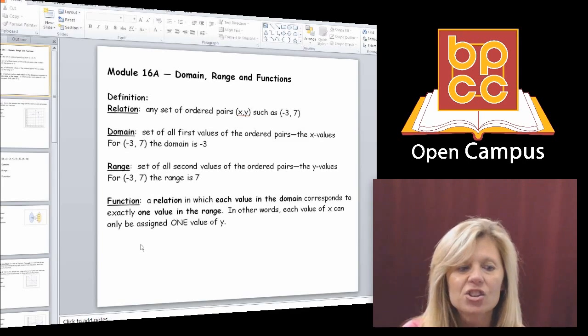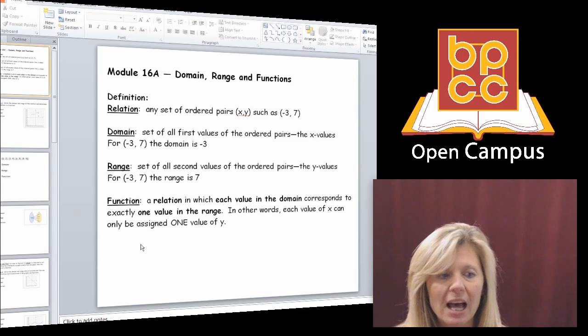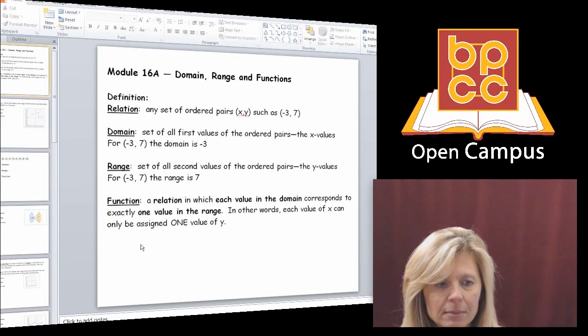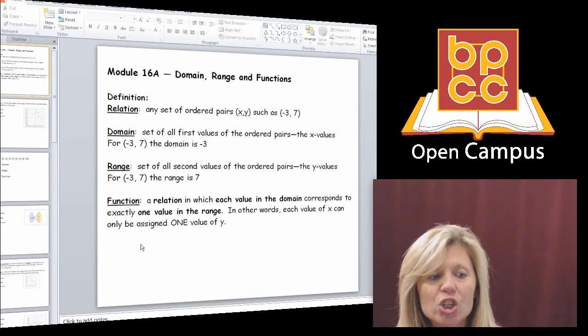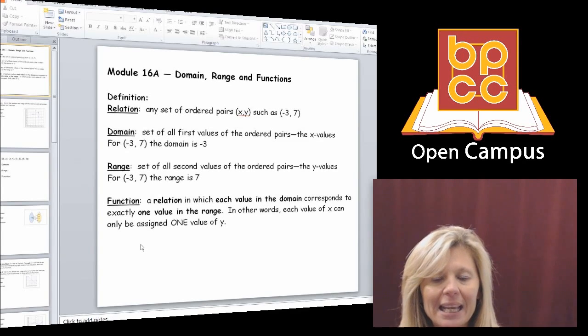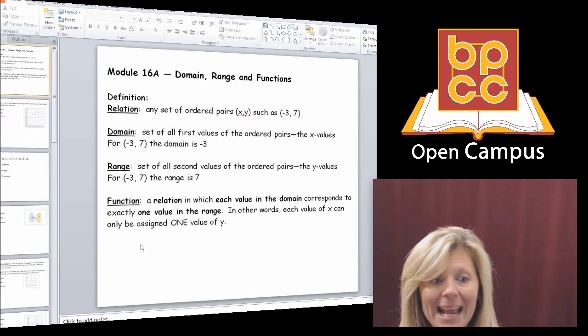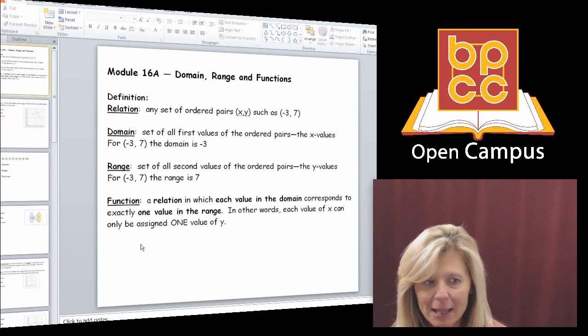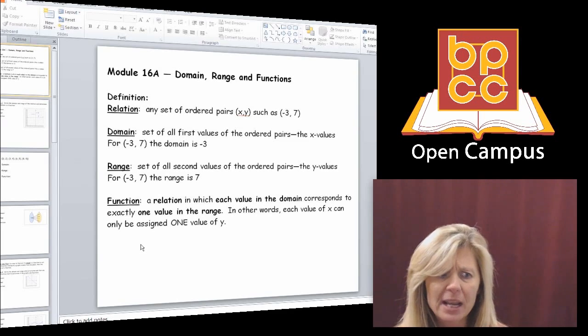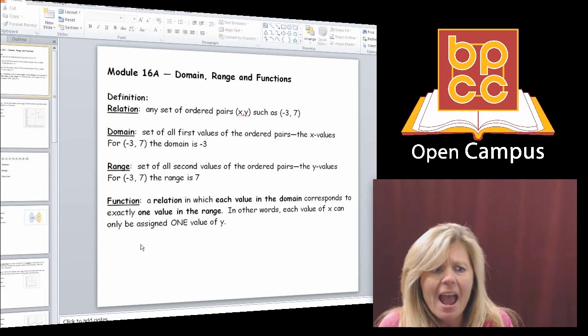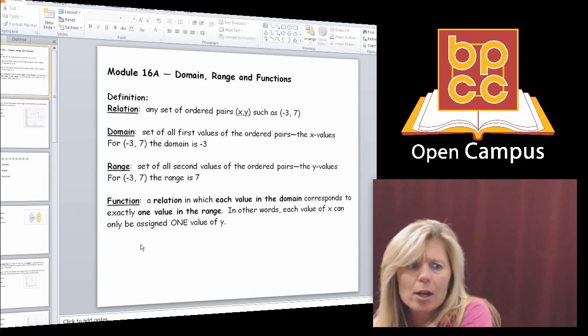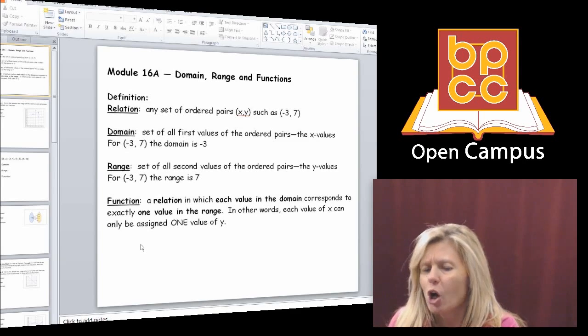So if I take this definition and relate it to you in real life, this is what I would say. To be in a functional relationship, each domain, each girl can date, correspond to only one range, one boy. Now think about that. That makes sense. To be in a functional relationship, every girl can only date one boy. You all agree with that?